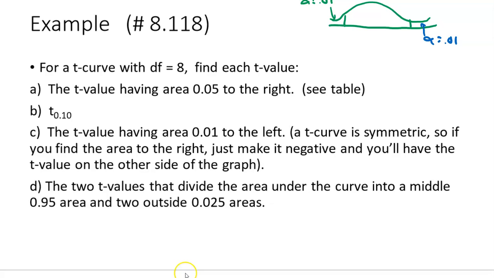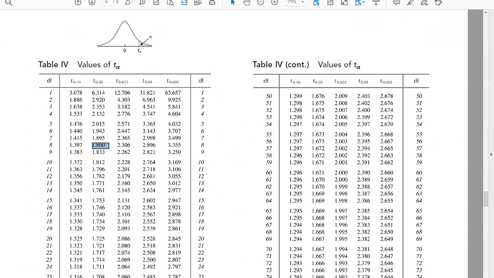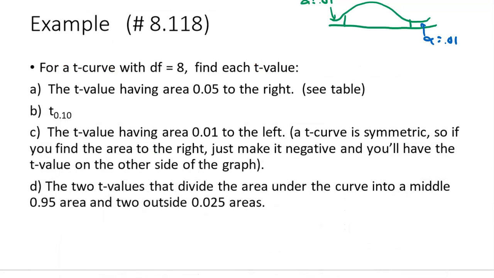So what do we have? 8 degrees of freedom, and we want t of 0.01. Here we are, 2.896. But that 2.896 is up here. We want it down the other side, so let's make it negative 2.896.